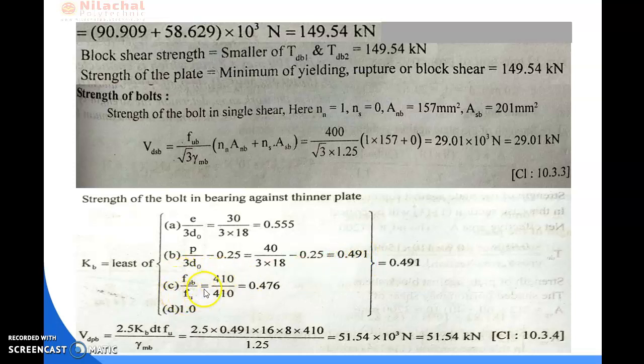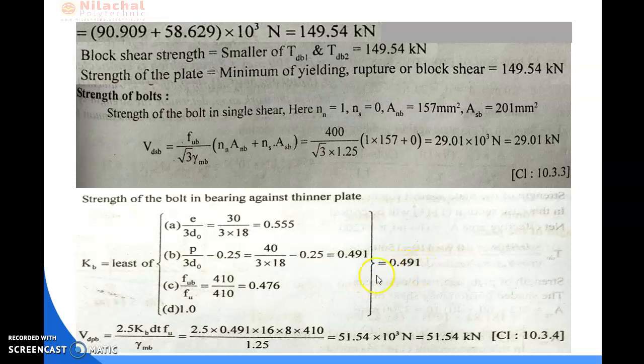The third portion is FUB by FU, where FUB is 400 and FU value is 410, which equals 0.476. And the last one is 1.0. So the minimum of these 4 values will be 0.491. That means the kb value we will take as 0.491.